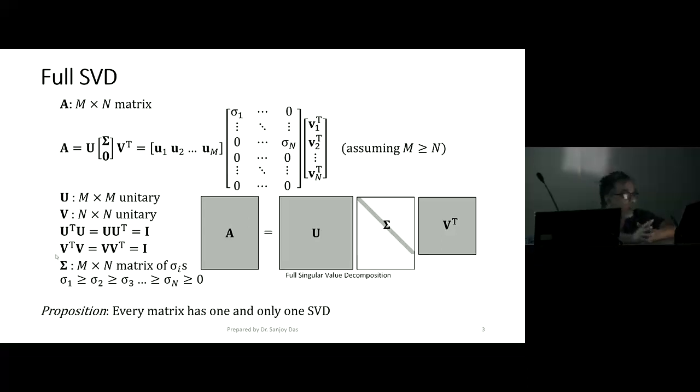Proposition, which I'll state without proof: every matrix has one and only one SVD, with one caveat.